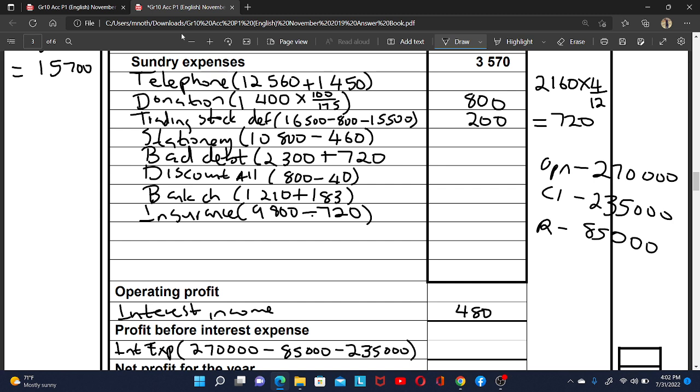So 270 minus 85,000 minus 235, it's 50,000. This is your interest expense.